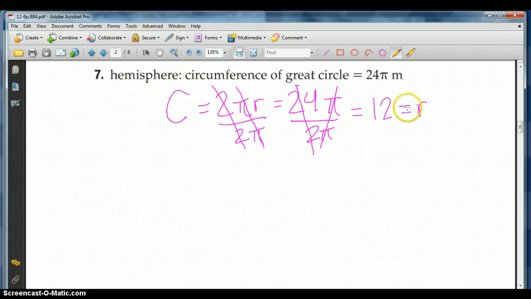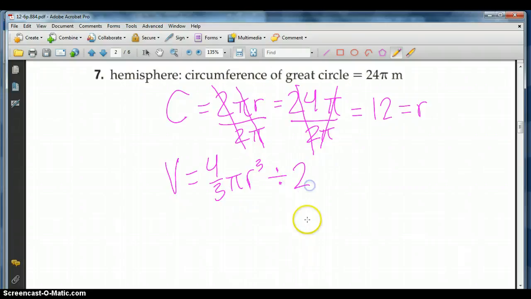and we can substitute that into our formula for volume, which is 4/3 pi r cubed. Now this will give us the volume of the entire sphere, so we want to divide this by 2 to get the volume of the hemisphere.